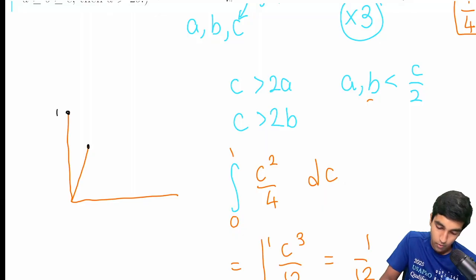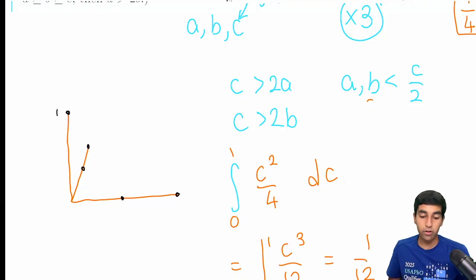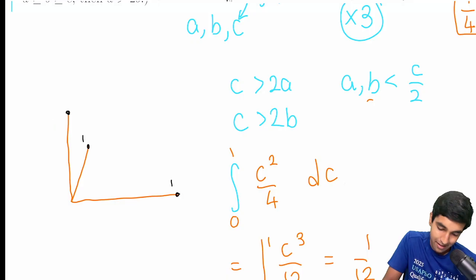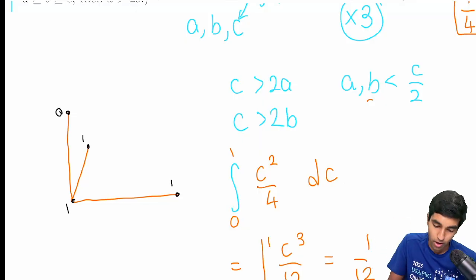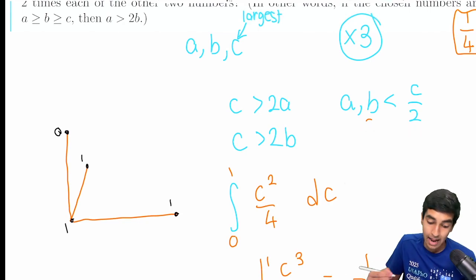When C is 1, A and B have to be less than half. So A and B both have to be less than half.